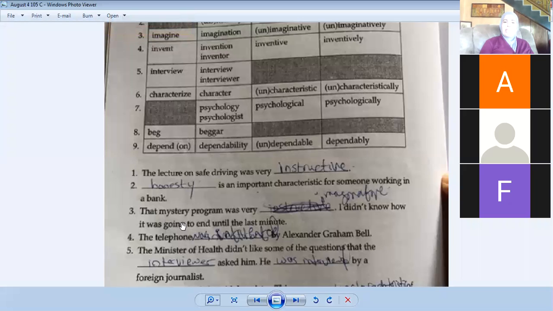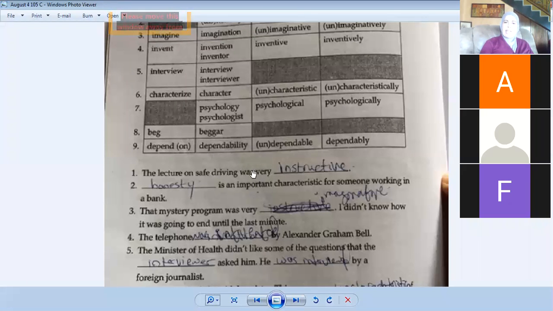So anyway, the lecture. We want to complete these sentences now using these words that we have just discussed. We choose whether they are verbs or nouns or adjectives or adverbs based on the position of the space here in the sentence, right? The lecture on safe driving was very what? We want here what?